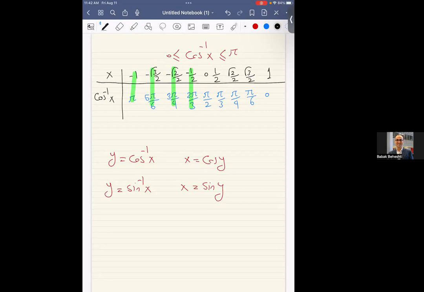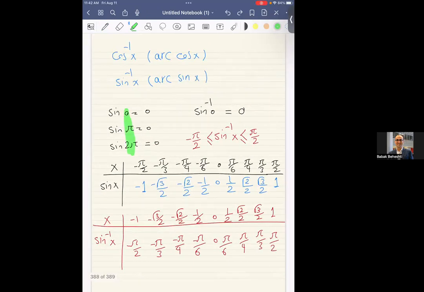Cosine of pi/2 is 0, right? Cosine of pi/3 is 1/2. And cosine of 0 is 1. So try to understand the meaning of these two tables carefully.